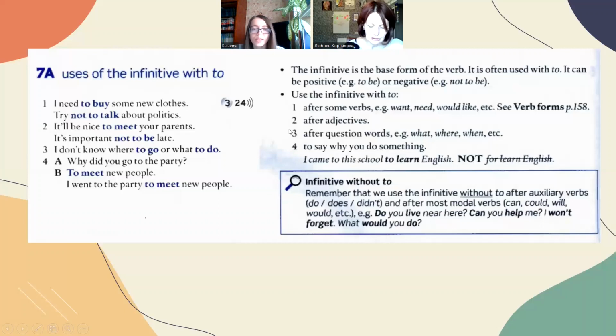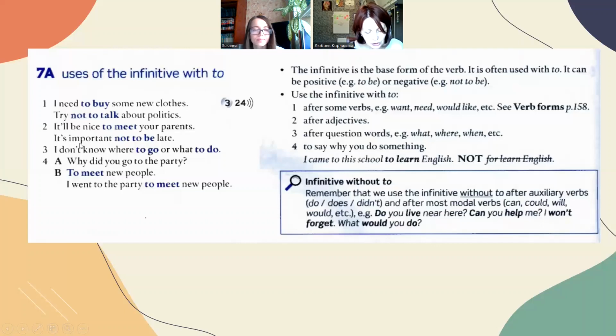Okay, so next rule, number 2, is we use the infinitive with to after adjectives. Let's look at the example number 2. Can you read, please? It'll be nice to meet your parents.